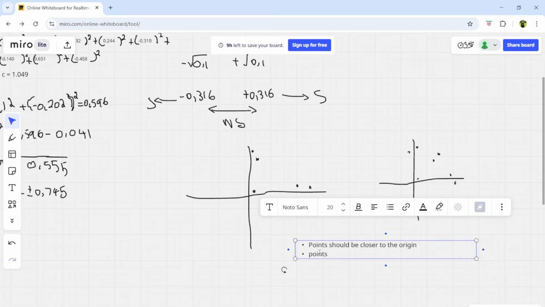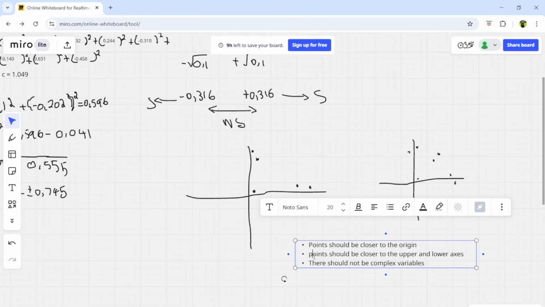Condition number 2, points should be closer to the upper and lower axis. Last one, there should not be complex variables.